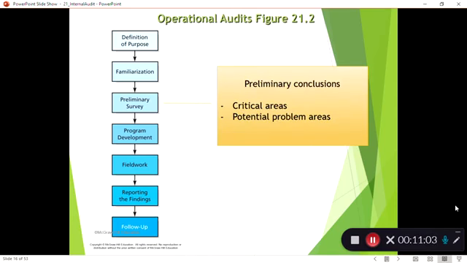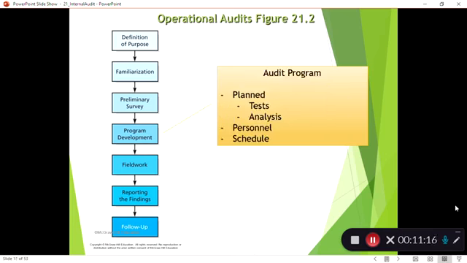Preliminary survey, that's the initial set of field work. You have a set of preliminary conclusions where you identify some areas of the operating unit. So then you're going to look at the audit program, what kind of tests you're going to plan, who you're going to use, when you're going to do the work.